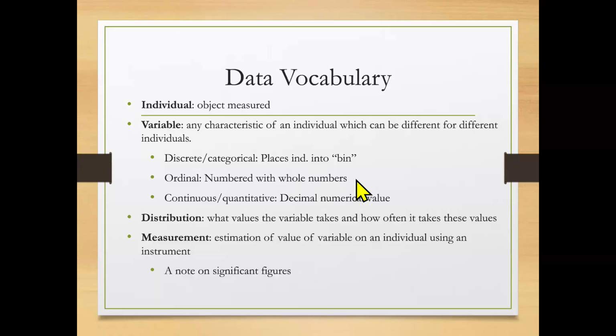Ordinal variables are like dice, right? They're numbered with whole numbers. We can't roll a die and get a 5.5, right? There's no seven at all. There's no 1.347365, right? So ordinal variables are numbered.